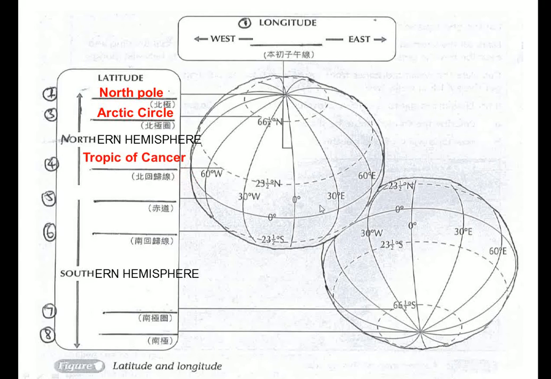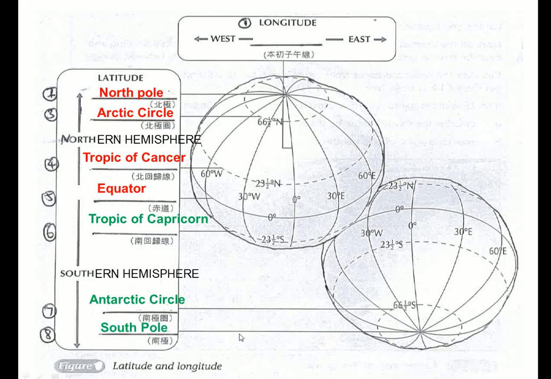And the middle one is 赤道, Equator. And to the south, we have the Southern Hemisphere. So let's look at the south. Here we have 66.5 degrees south, which is the Antarctic Circle. And the last point to the very south of the Earth is the South Pole.